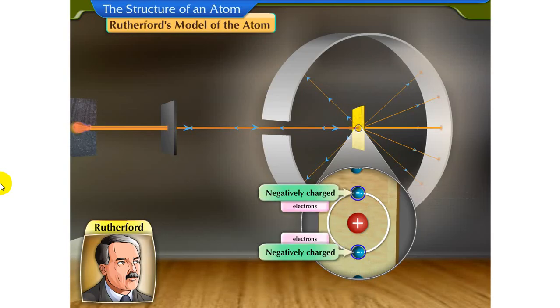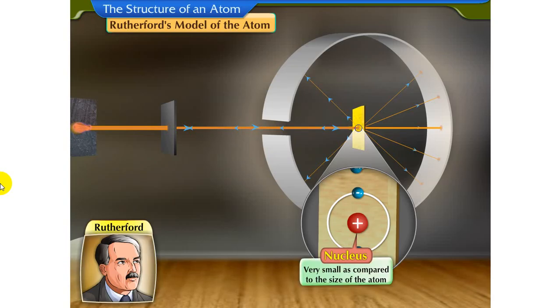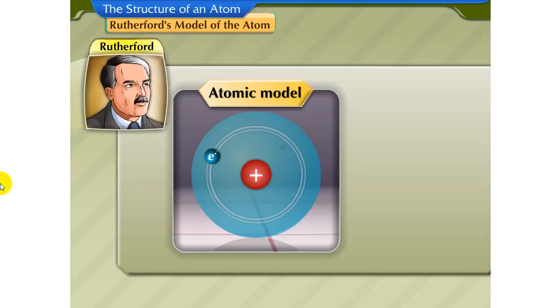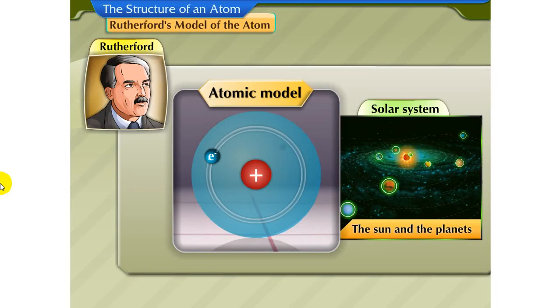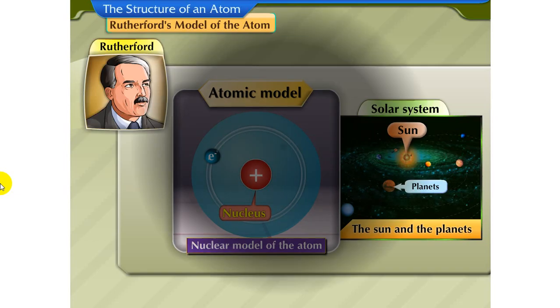Negatively charged particles, called electrons, revolve around the nucleus in paths called orbits. The size of the nucleus is very small as compared to the size of the atom. His model can be compared to the solar system, where the planets are compared with electrons and the sun with the nucleus. It is called the nuclear model of the atom.